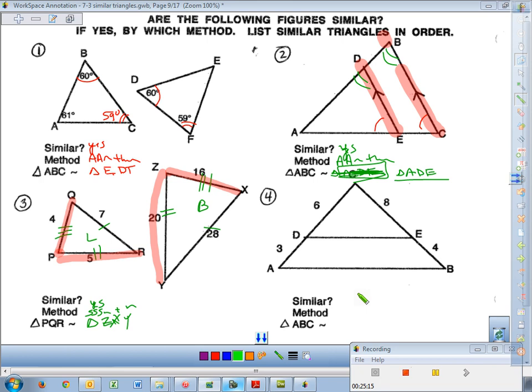Because I have some sides, if I could get an angle somewhere where I know that angle has to be the same from the little triangle up top to the big triangle, from green triangle to red triangle, do you see anywhere where I know an angle just has to be the same? Where at?